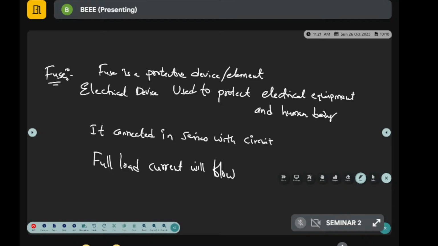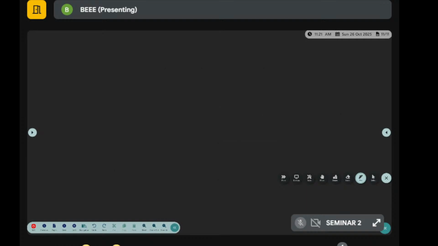Okay. If you take a typical circuit, it looks like this.